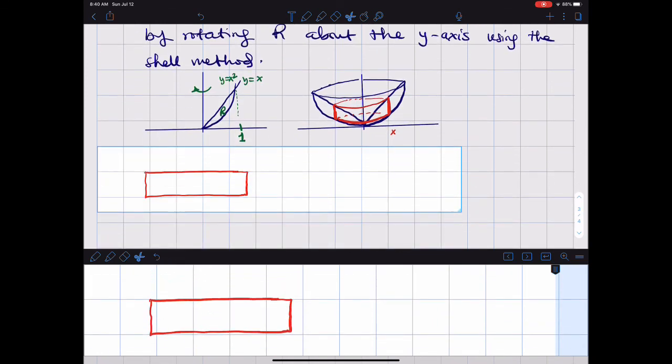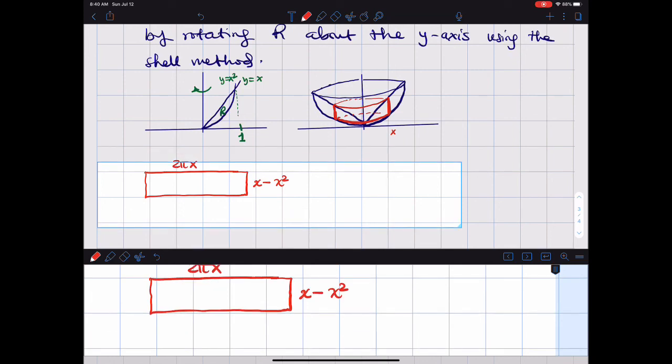Its radius is x, so its circumference is 2 pi x. Its height is the difference between the two functions. The top function is x, the bottom function is x squared, so it's x minus x squared. So the area of this little rectangle is 2 pi x times x minus x squared. That's it.